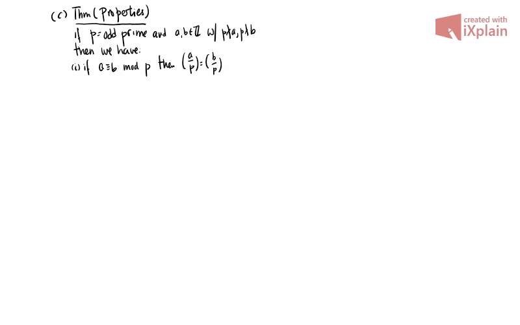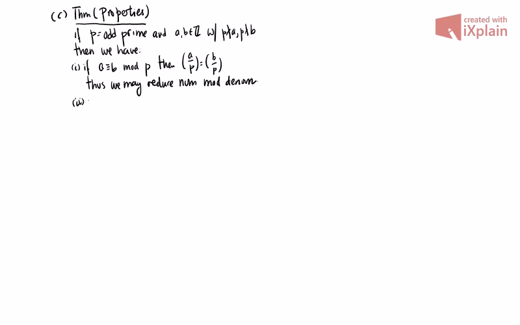Now this should be fairly obvious in the sense that if a is a perfect square, then b is a perfect square because they're the same mod p. But the way to think about this is you can reduce the numerator mod the denominator when we're calculating.